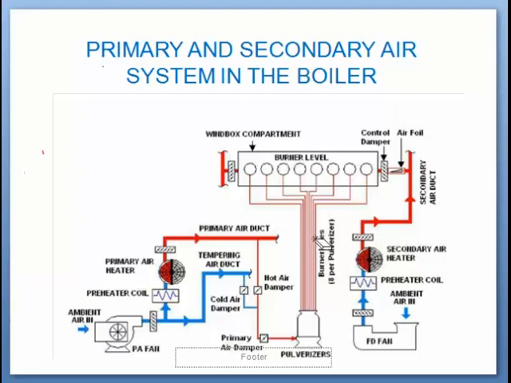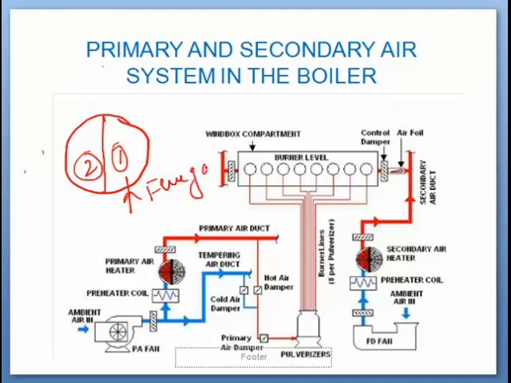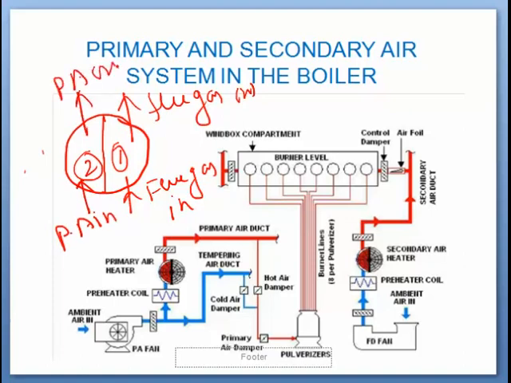In the bisector arrangement, it is like this. There will be a dedicated air preheater for primary air and one for secondary air. So these are two sections, 1, 2. This is flue gas in, flue gas out, primary air in, primary air out. These details we will see at a later stage.